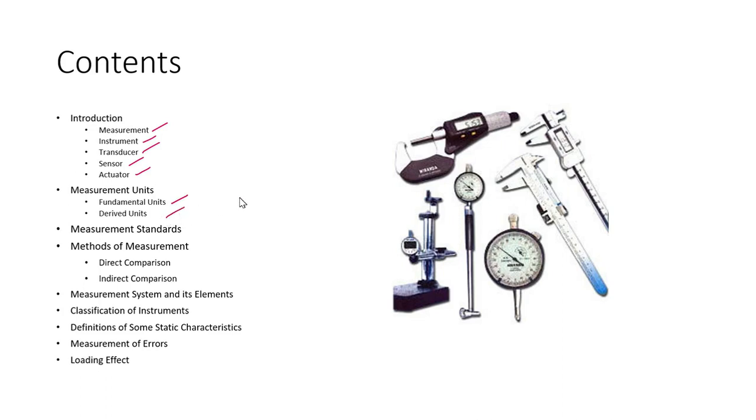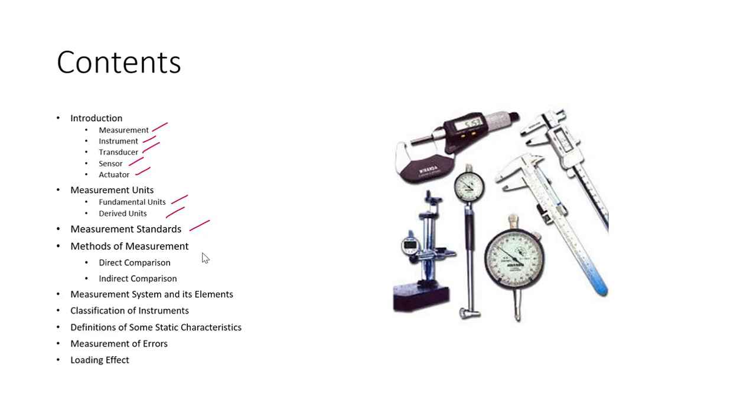You people are already familiar with these things, but we will know some basics of them. Also we will know about some measurement standards, and how these standards are used for direct and indirect comparison with the instruments that we use in our daily lives, as well as in labs and for some advanced measurement and telemetry, etc.